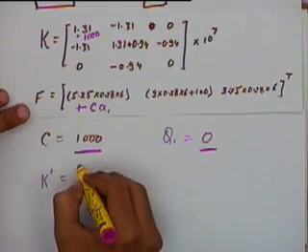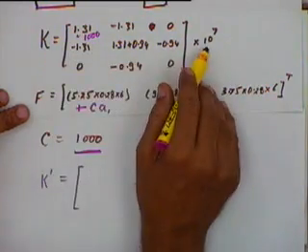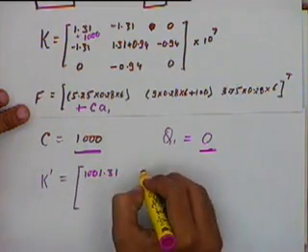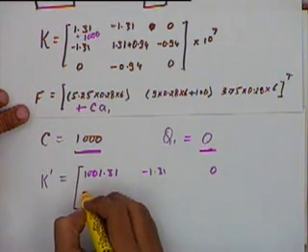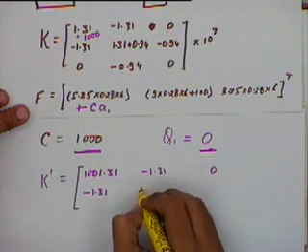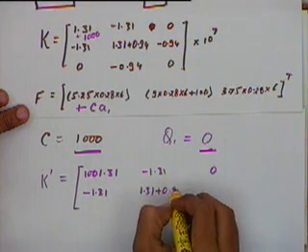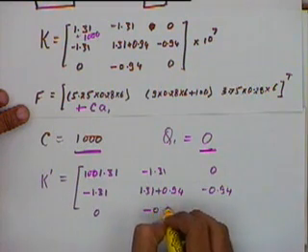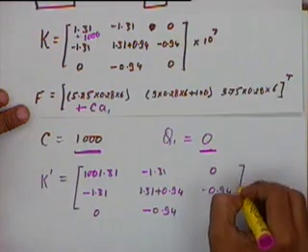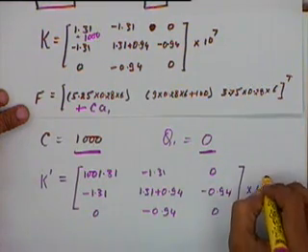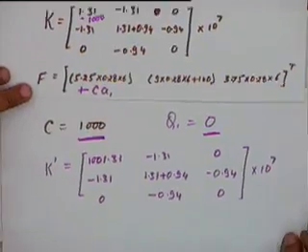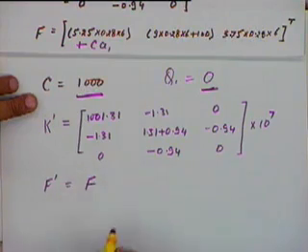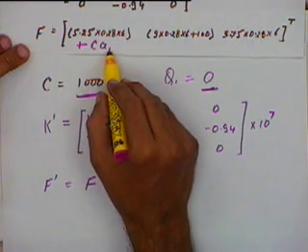K prime would be, I have added 1000 into 10 to the power 7, so this will become 1001.31, minus 1.31, 0, 1.31, and I modified force matrix F prime, that would be the same as F in this case because A1 is equal to 0.